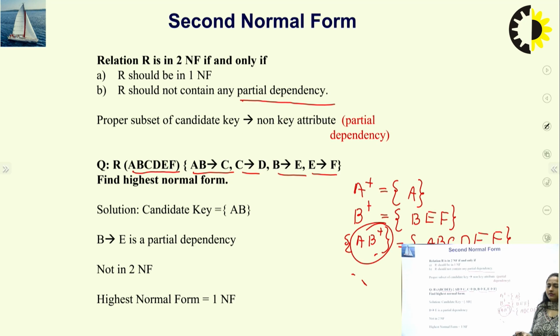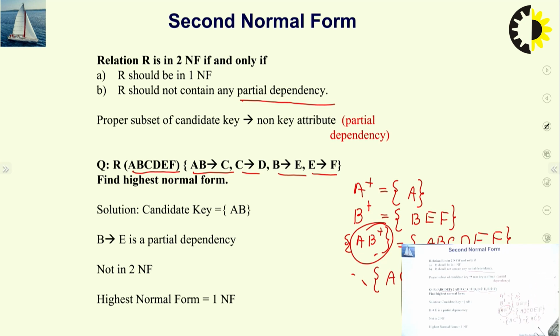If I try some other combination, let's try AC. The purpose is to cover all the attributes. If I go for AC, now C can derive D. What else?